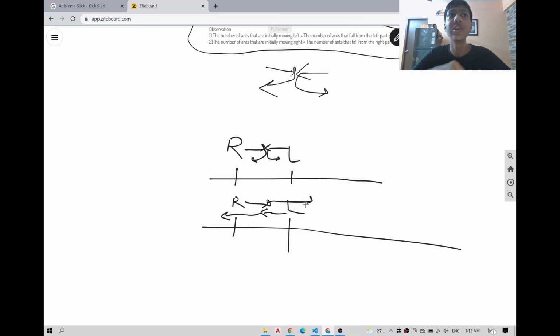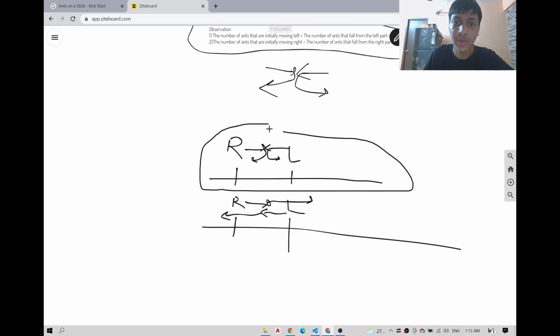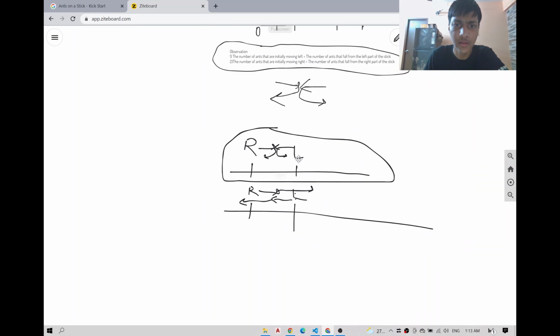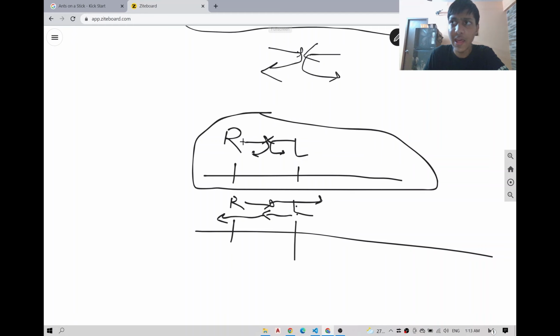That would essentially be identical to the scenario where they swap directions, because after they collide, the right ant would start moving left, but in the second scenario, the ant that was initially moving left will continue moving left. So it's like they kind of exchanged labels in a way. As for the time when they would fall, these two situations are perfectly identical.